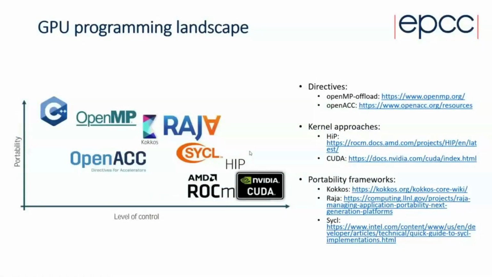OpenACC was a standard to start doing this. It got a little bit ahead of OpenMP, but OpenMP is catching up now, and this OpenACC initiative, I think, is still being pursued by NVIDIA and AMD and the like, but maybe has less of the community there because a lot of people have been using OpenMP for so long.